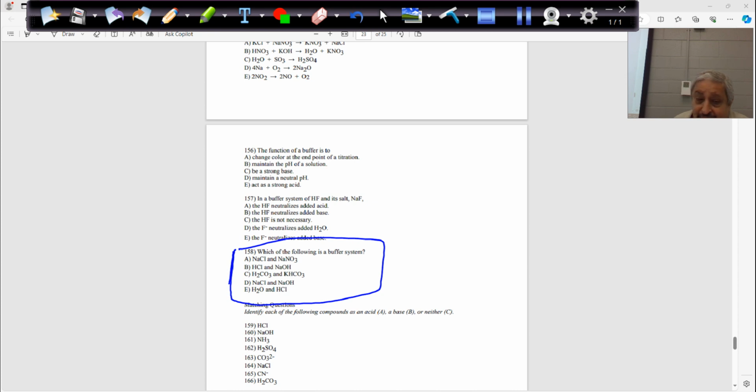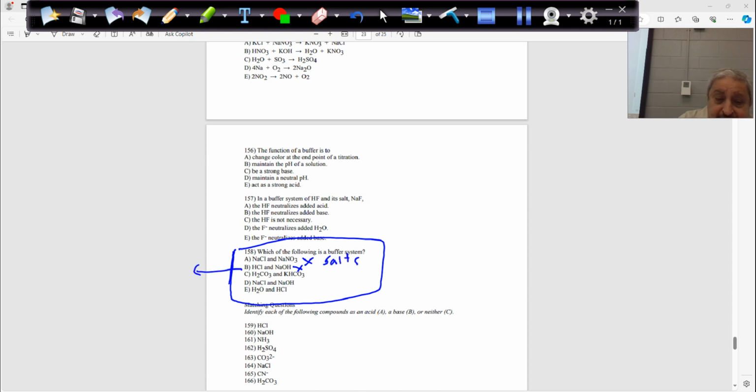So, do we have an acid here? The first one, A, yes or no? No, there is no acid. Both of them are salts. Do we have the acid and base? Yes, but most of them are strong.